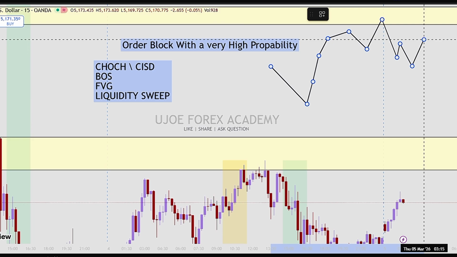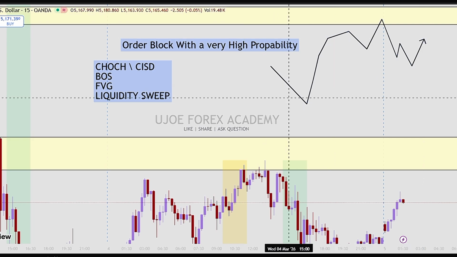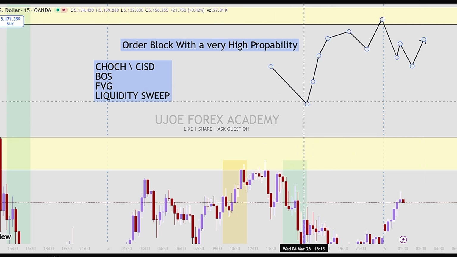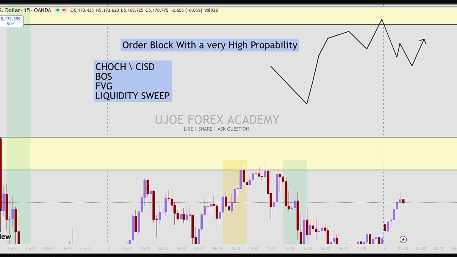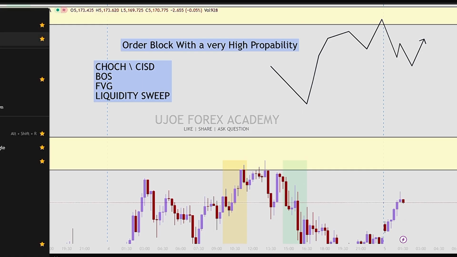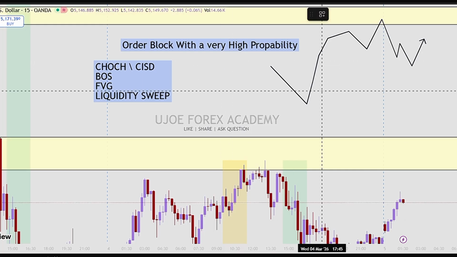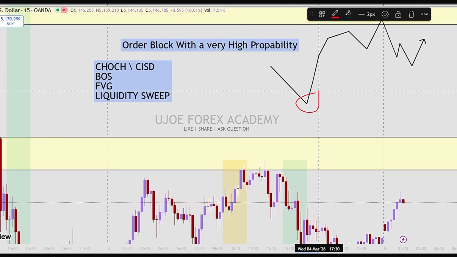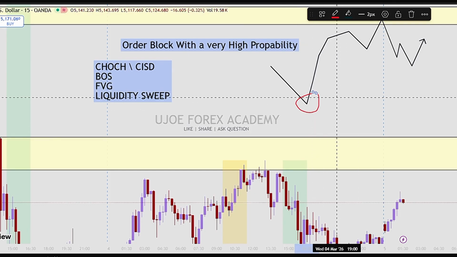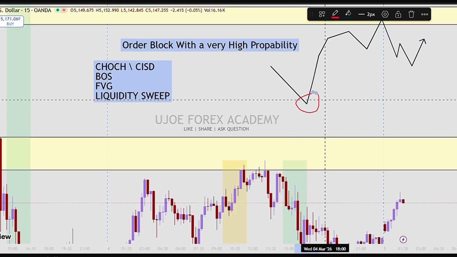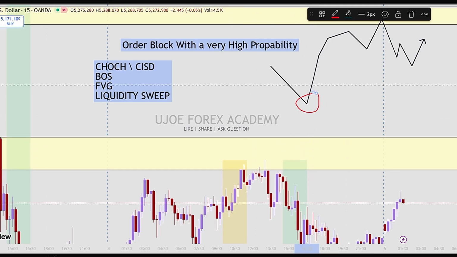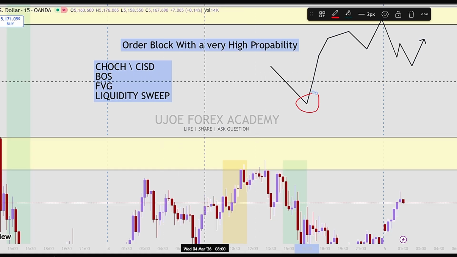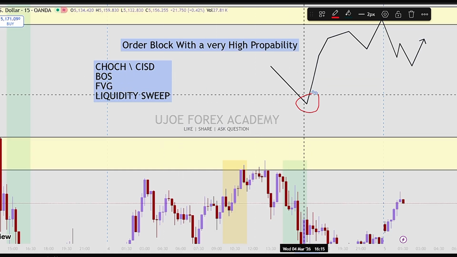So this is our point of interest. Are we together? We love this place. Because here is our point of interest, what we are looking at in this place would be our zone. Like I always tell traders, you treat order blocks in most cases as zones.